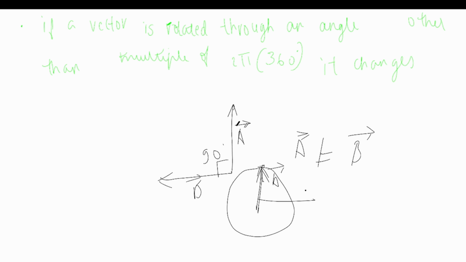So we can say this vector A is equal to vector A dash. The magnitude remains the same nevertheless.